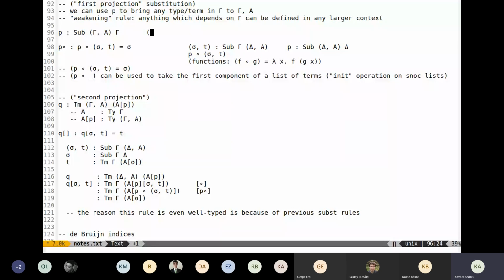If we go back, sub goes from con to set. So I have to define first what con is. So I have to give a set for con, and then I have to give a family of sets indexed over that con. And then I have to define every operation, and in particular, I have to define an element of the sub in the model. So in any model, the P has this type.